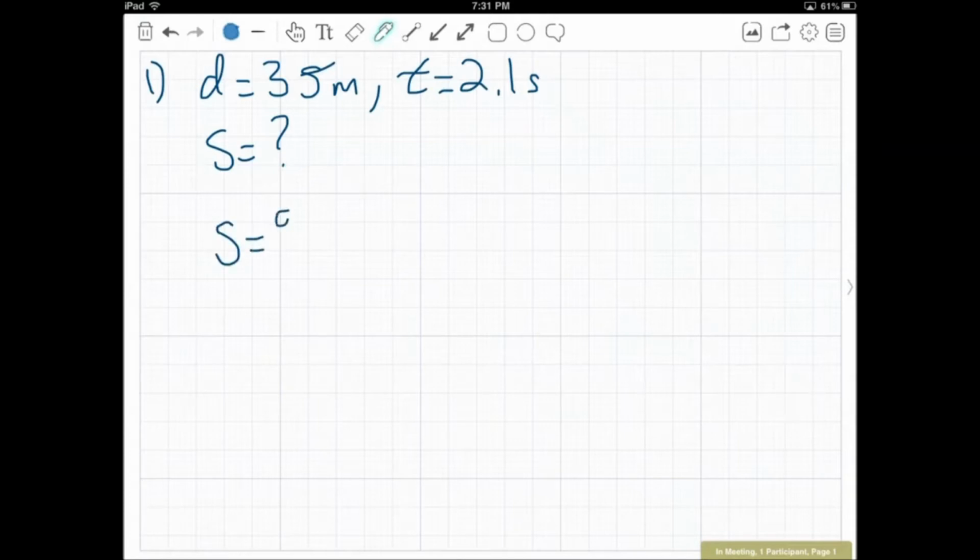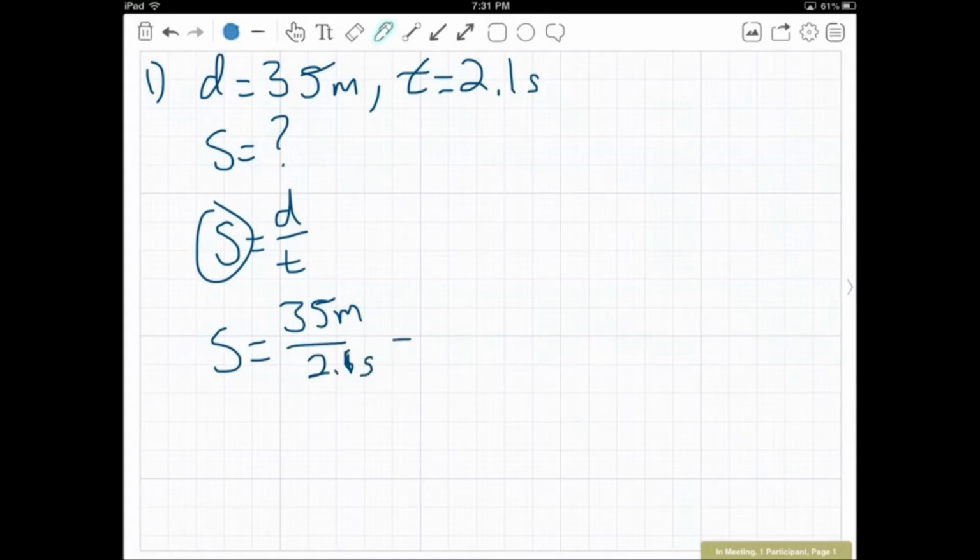Speed is equal to distance divided by time. I'm looking for speed. I do not need to rearrange. So speed is going to equal 35 meters over 2.1 seconds. When you solve for this, you're going to get 16.667 meters per second, because I took meters and divided them by seconds.